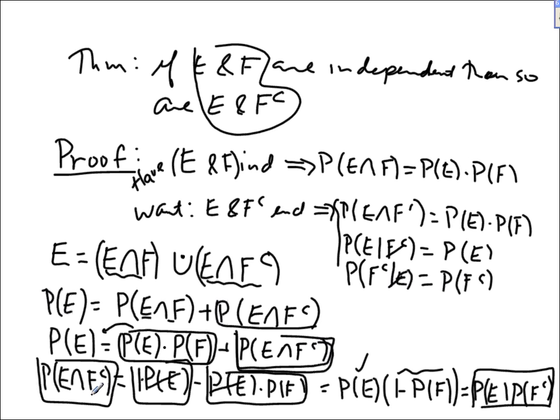That's the definition of two sets being independent. P of this set intersect that set should equal P of this set times P of that set. This was E, that set was F complement, this set was E. So it is true.